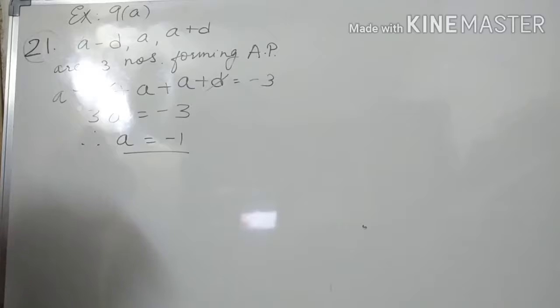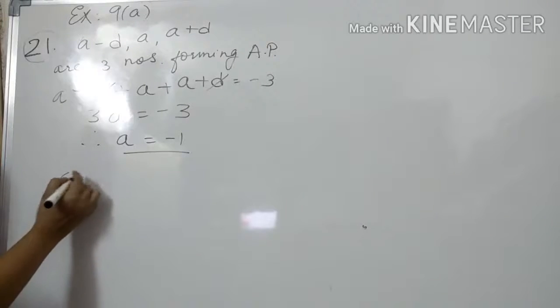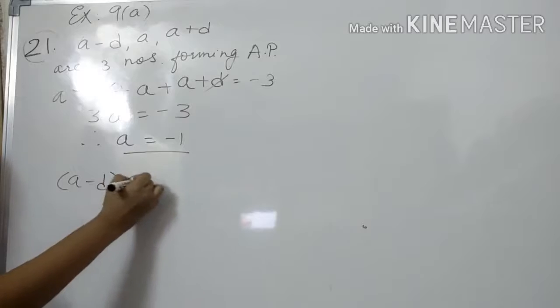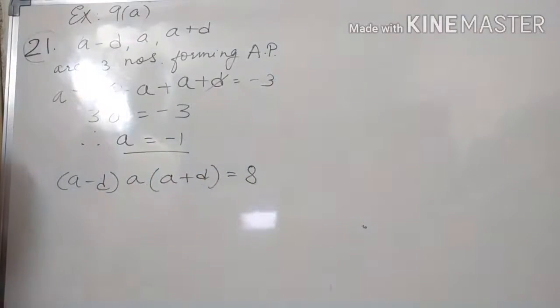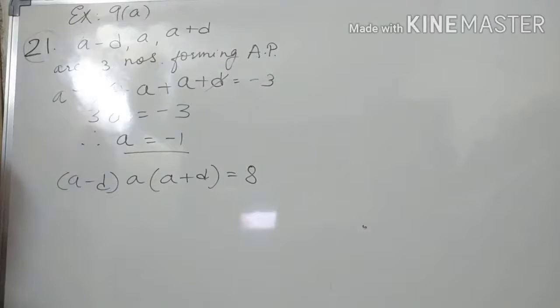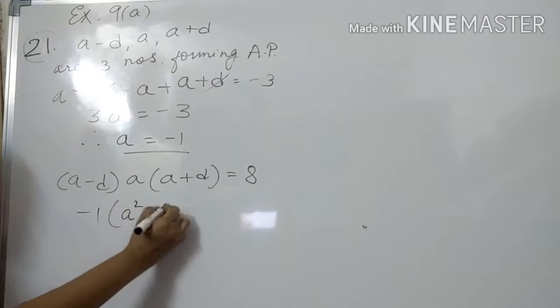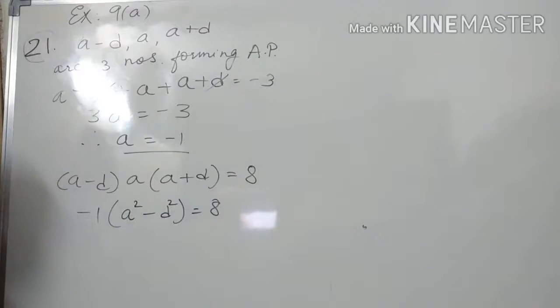Now students, the second condition is given, the product is 8. So I am taking here 3 terms, a minus d, a and a plus d. The product means multiplication is 8. Now we already have the value of a. So I put minus 1 instead of a, and (a minus d)(a plus d) becomes a square minus d square using our identity. So here I get this value.